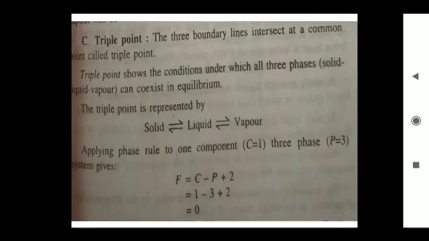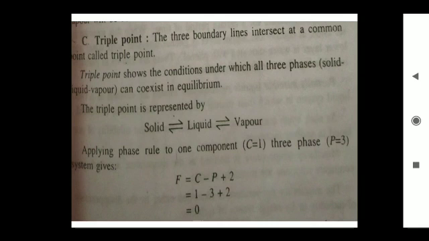For the triple point, three boundary lines intersect at a common point called the triple point. At this point, three phases coexist in equilibrium, meaning solid, liquid and vapor phases coexist. Applying the phase rule for a one component system, the number of components is 1 and the number of phases is 3, so degrees of freedom is equal to 1 minus 3 plus 2, which is 0.